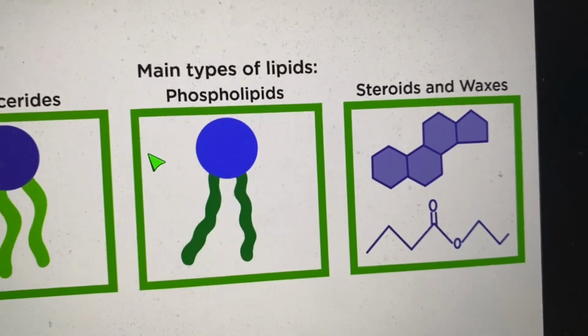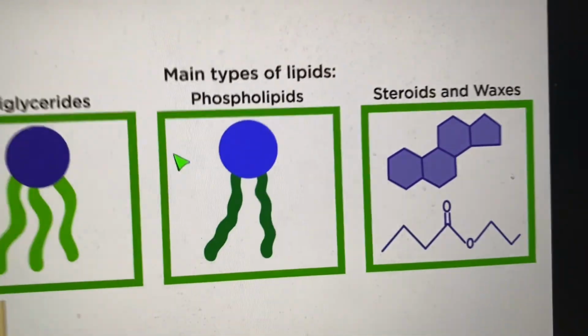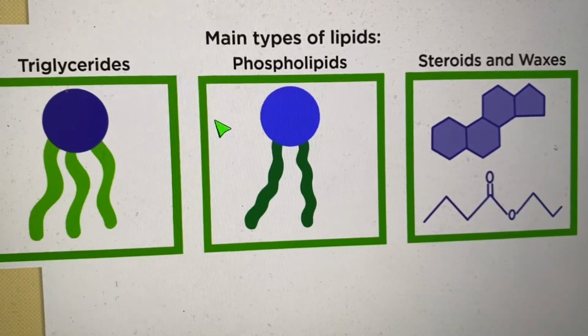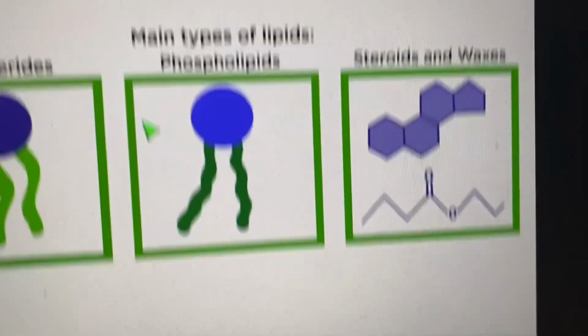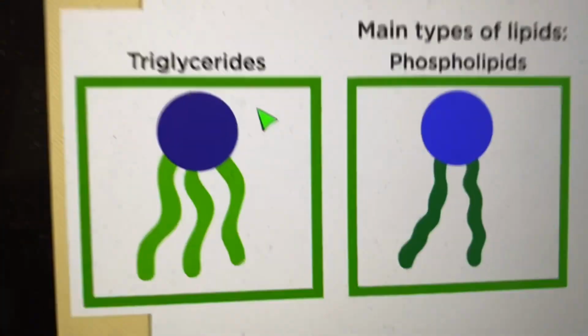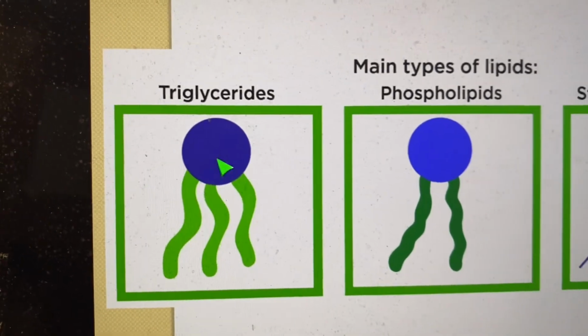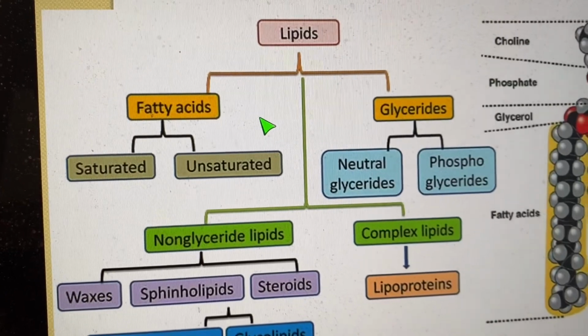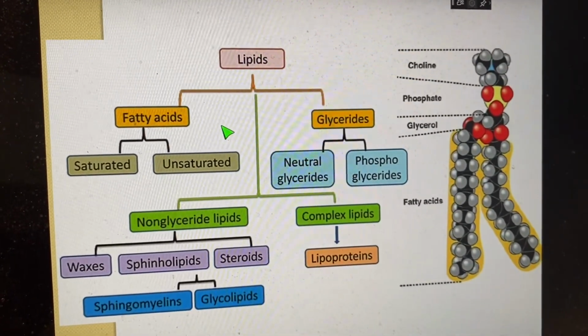And steroids are hormones usually, and cholesterol is not really a hormone, but it lives inside of cell membranes and helps to keep them nice and wiggly, right? And then food lipids are usually the triglycerides. That's with 3 fatty acids stuck to a glycerol head. And so there's lots of lipids.